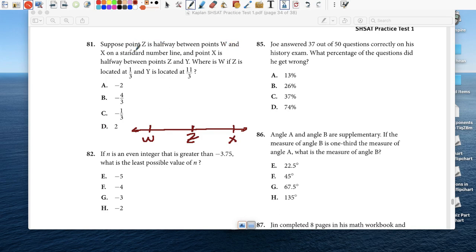Point W and X on the standard number line. So point X is halfway between point Z and Y.